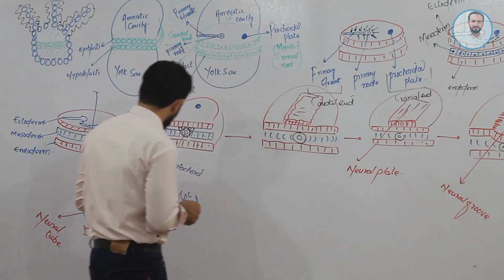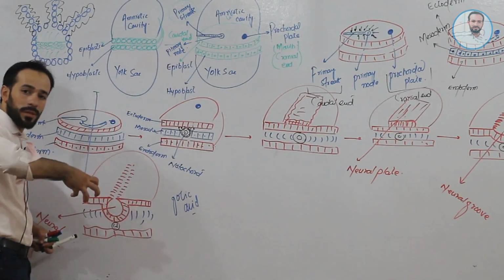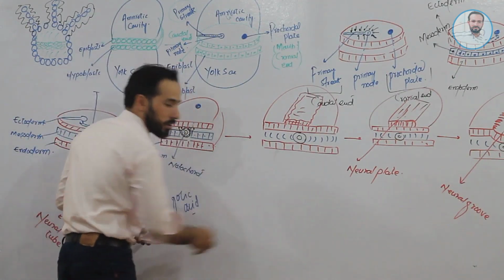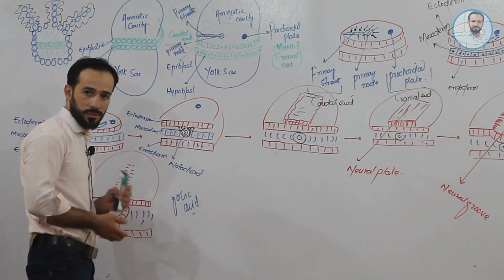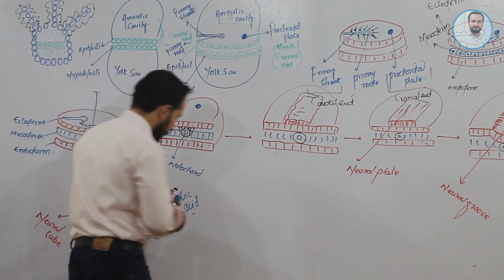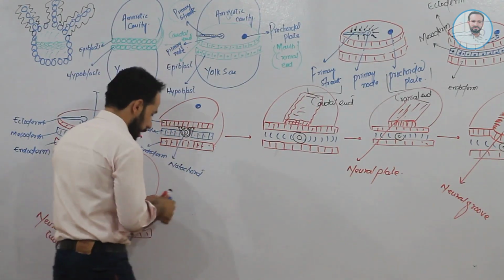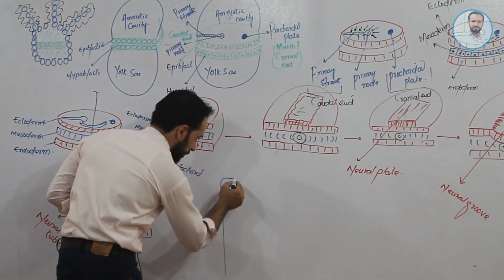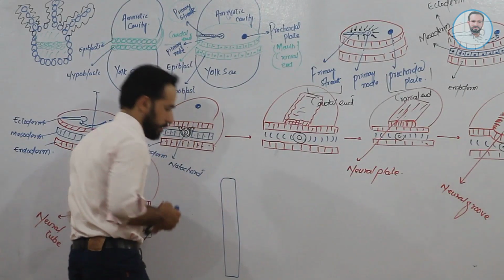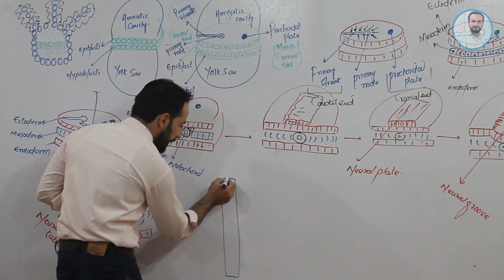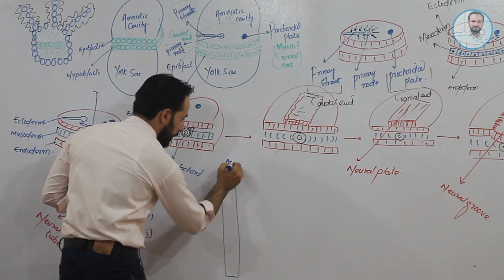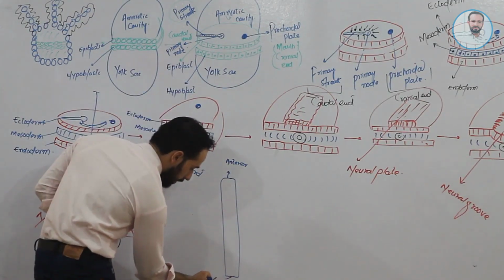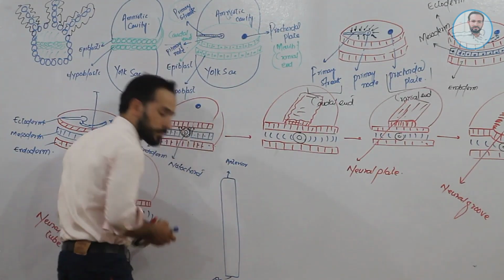Okay. So let's bring this tube from here and put it here, and we will make the parts of the nervous system one by one. So friends, this is our neural tube. This is the anterior end, or upper end, and this is the posterior end.